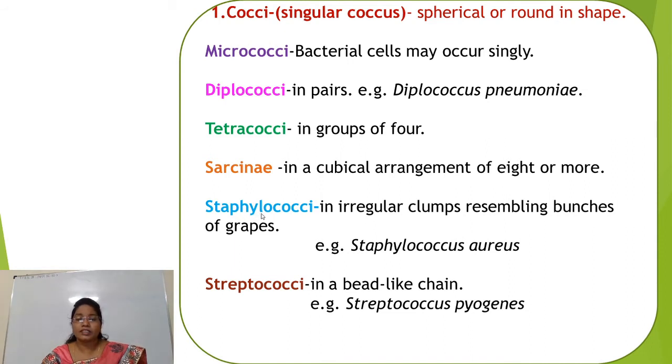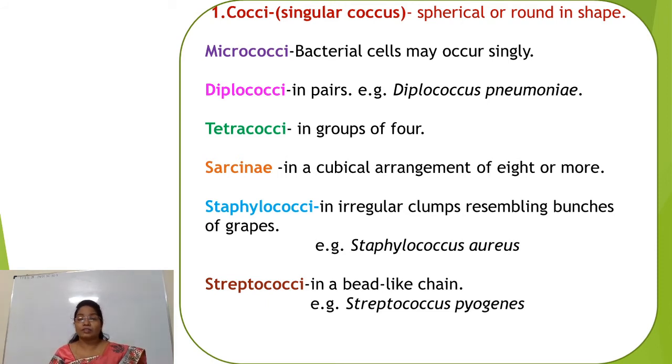Next is the Staphylococci. Whenever cocci are present in irregular bunches or clumps resembling a bunch of grapes, they are called Staphylococci, and the example is Staphylococcus aureus.